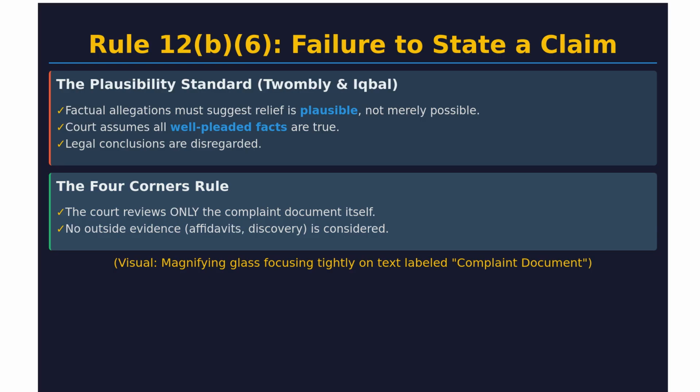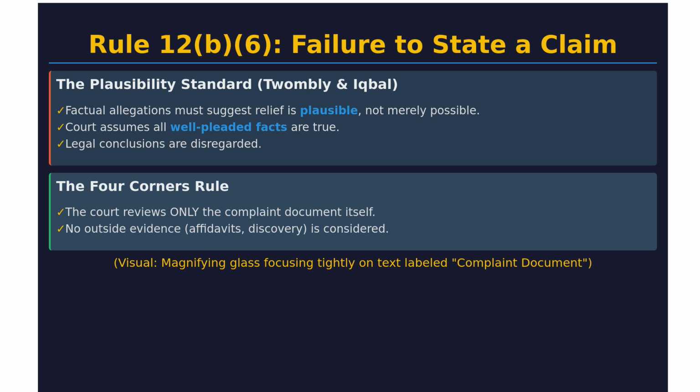Now we zero in on the motion to dismiss under Rule 12(b)(6). This motion tests whether the complaint itself states a claim upon which relief can be granted. Crucially, the standard for surviving this motion is no longer simply notice pleading. Following the Supreme Court decisions in Bell Atlantic v. Twombly and Ashcroft v.